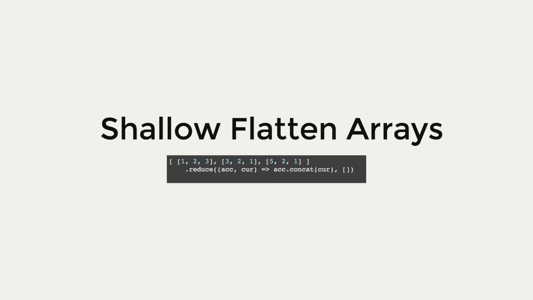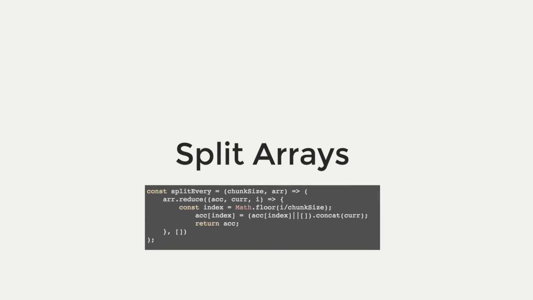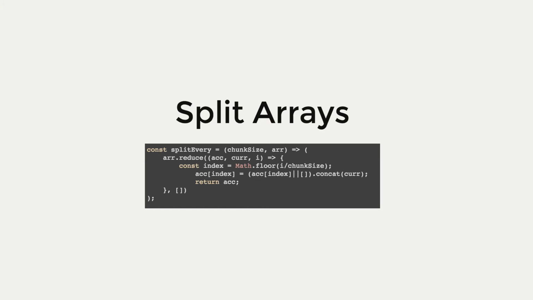No more nesting. You can write a function that splits arrays. In this particular case, you pass in a chunk size, like 2. We're going to take that array and reduce it to a new array of arrays. So it's just the opposite of flatten, right? We're going to split it.